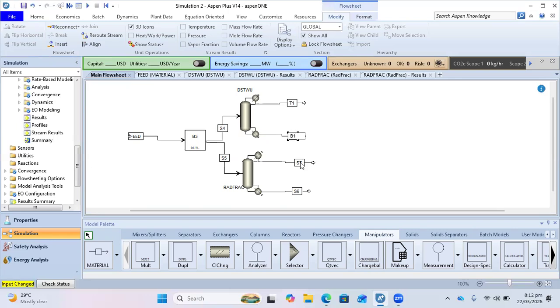Then T2 will be the tops for the RadFrac. And then the bottoms for the RadFrac will be B2. So we'll not really see such a significant difference. But you might see something maybe in the decimal points, something slight.